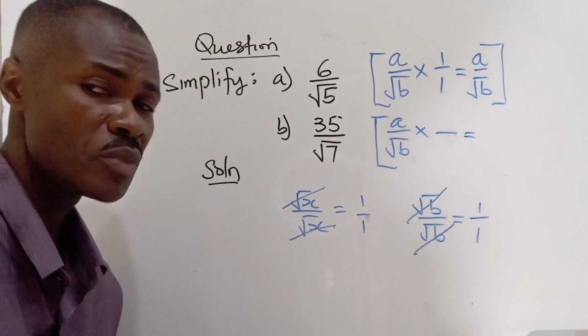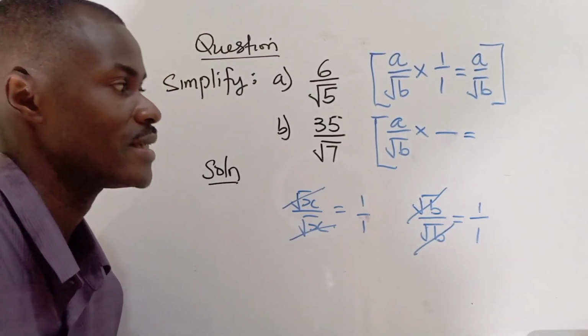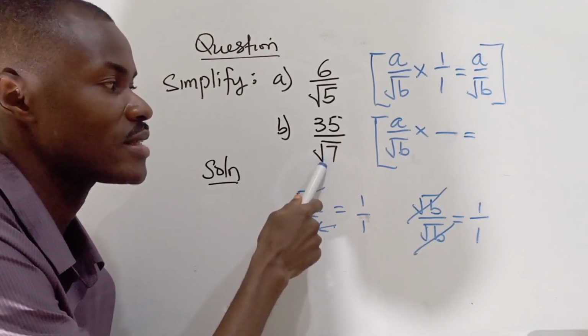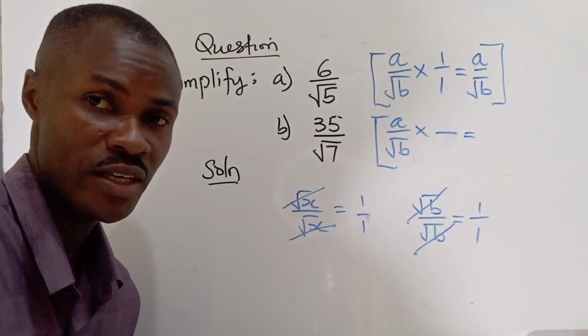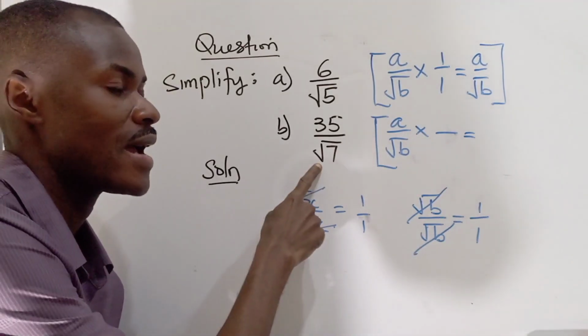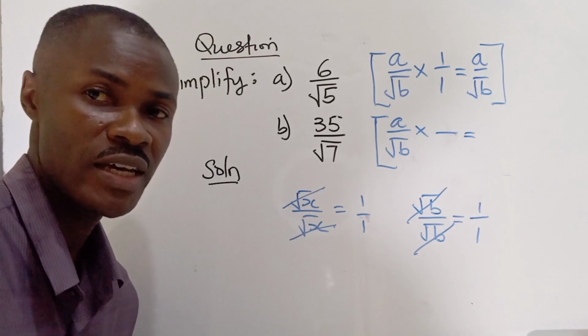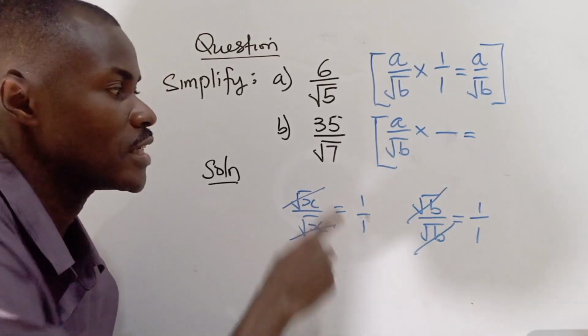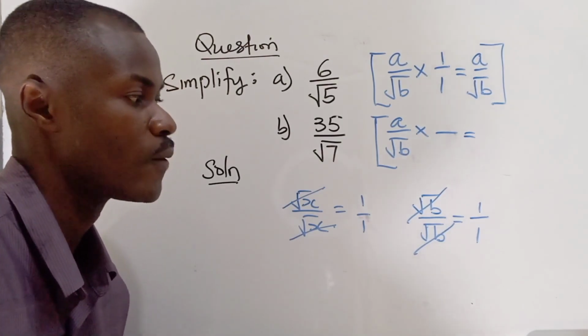Now, whenever you have surds like this or problems like this and you see that there is a root sign, you want to solve it in such a way that this sign goes out of the problem. So you don't want to leave any problem in maths keeping a root sign at the denominator.